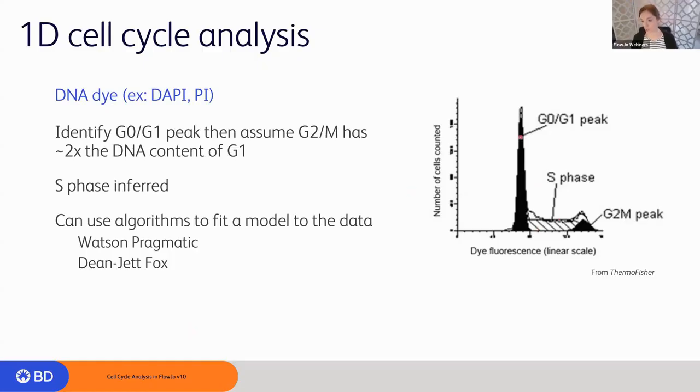I could draw range gates on each of these portions, maybe utilize FMOs or different drug controls to help me. But usually the preferred method is to use algorithms to fit a model to the data. That way we remove any subjectivity that might be in place as we analyze the different samples across different treatments or different time points for a longitudinal study.